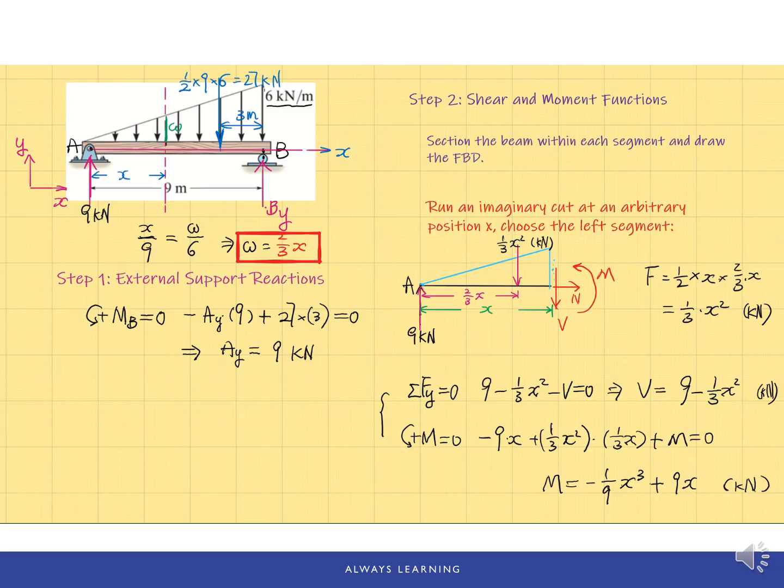We solve for M, so M is a cubic function, and V is a quadratic function. And next, we can plot the shear and moment diagram.